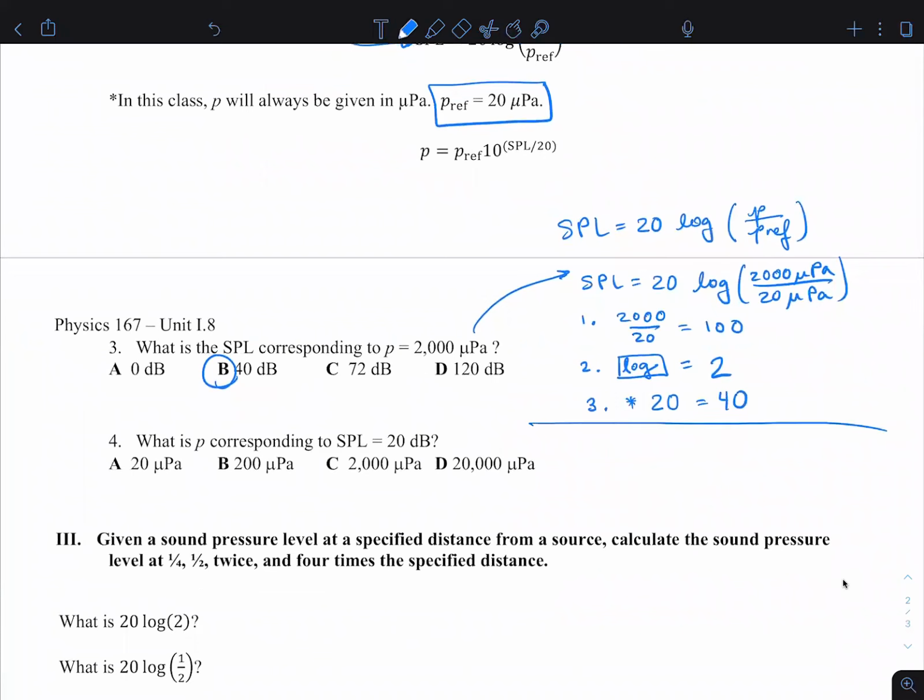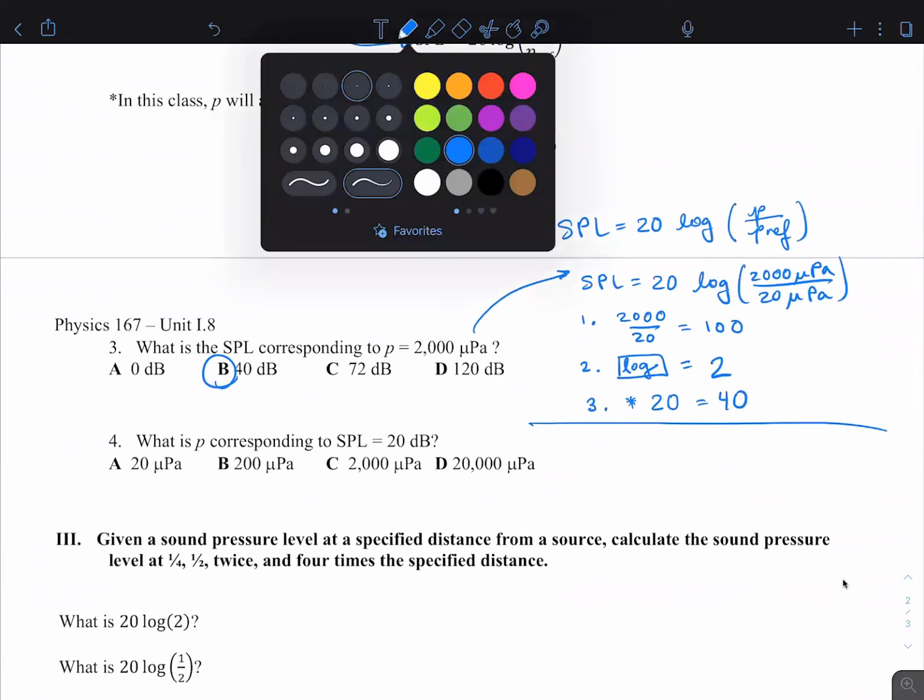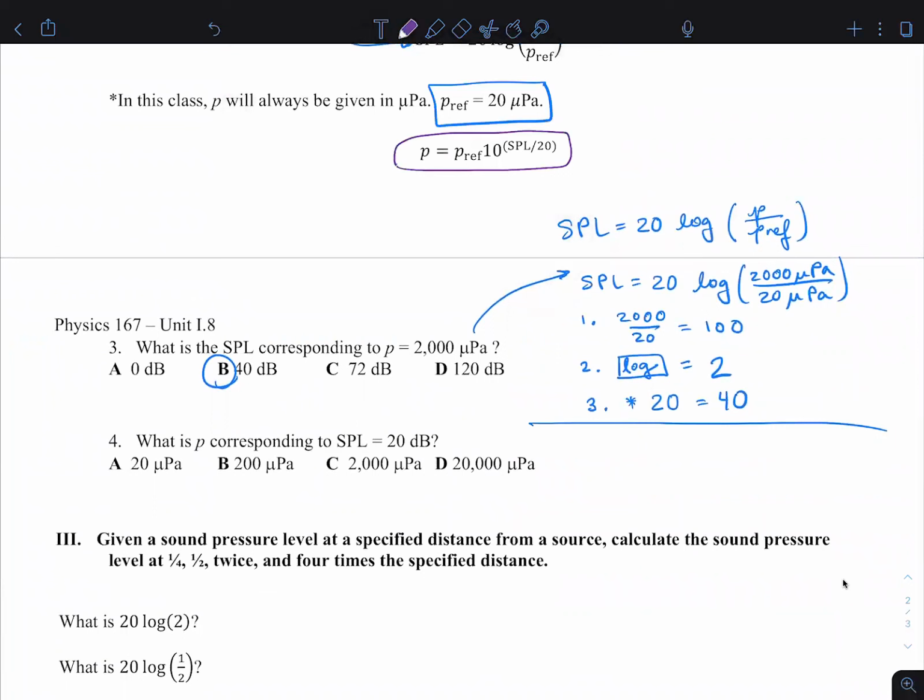The next one, you would go through those same steps, but now we're going the opposite direction, so we're going to be using this equation here. P is equal to P ref, which is 20 micropascals, times 10 raised to the 20 decibels divided by 20 decibels.